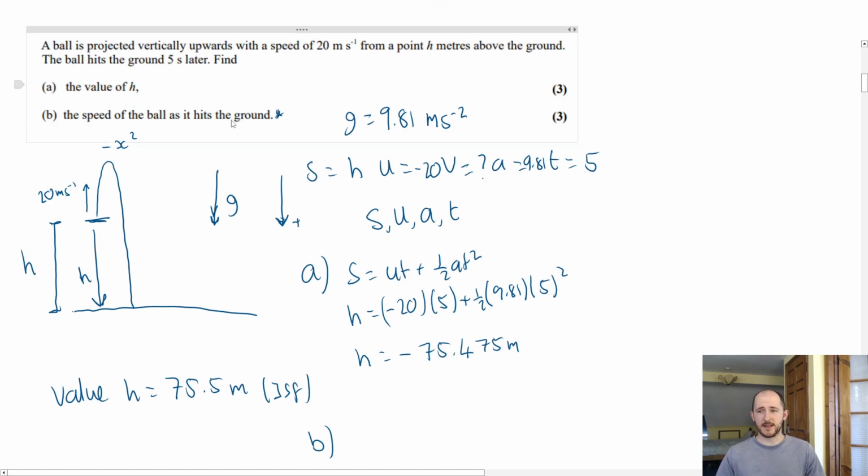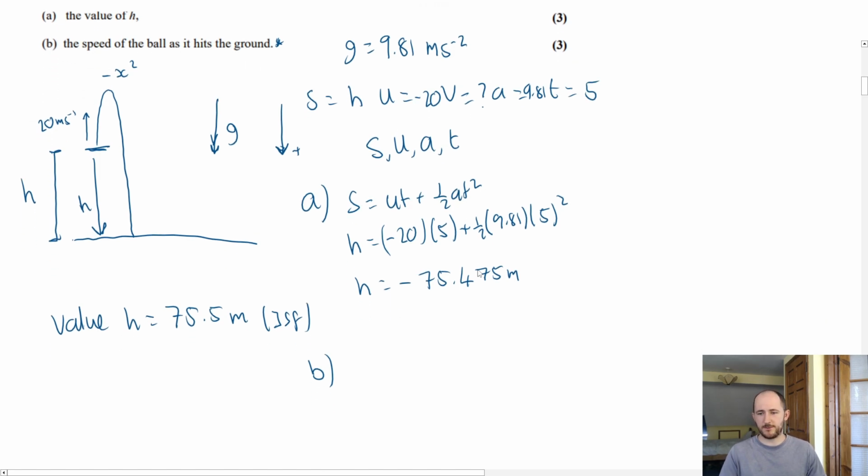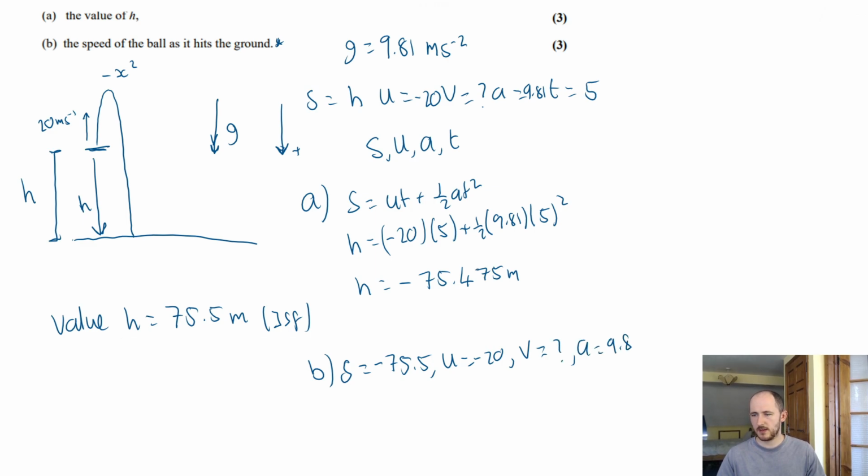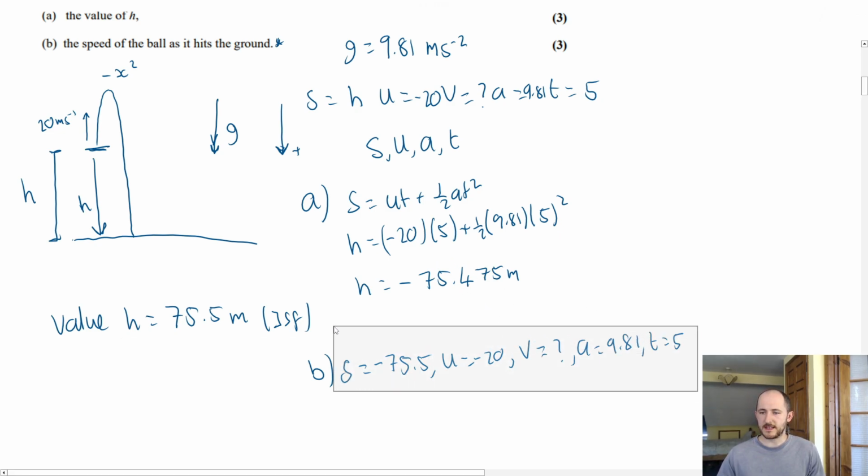Now, the good thing about this is we actually have, so if we fill in, again, our values, so we have minus 75.5 for s, u is equal to minus 20. V is a question mark, A is 9.81, T is 5. So, if you notice with this, all of these values are actually known, aren't they?